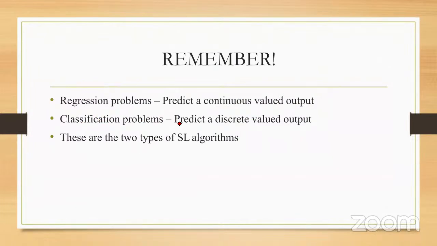So remember, in supervised machine learning, you have a regression problem or a classification problem. In the regression problem, you are predicting a continuous value of output. In the classification problem, you're predicting a discrete value, either true or false, 0 or 1.